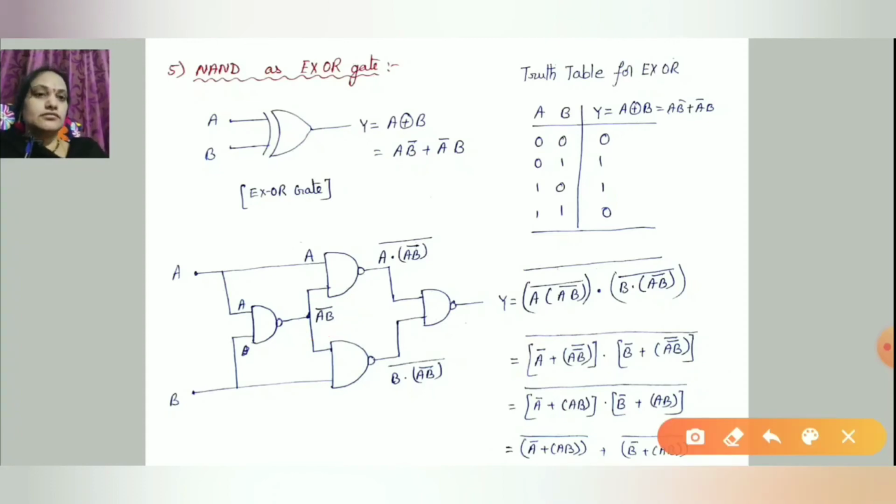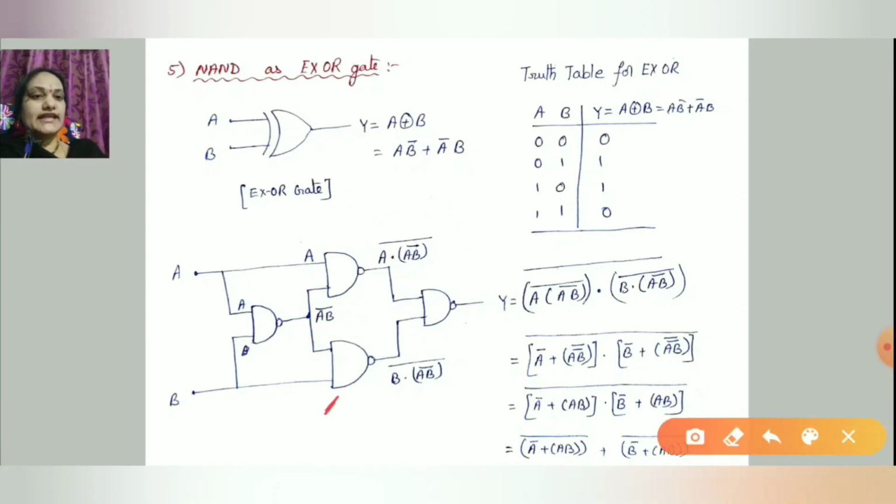Now the inputs for this gate becomes A and AB whole bar. Again we will get the output, that is the whole complement of product of two inputs. One input is A, other one is AB whole bar. That is why we have written like this.